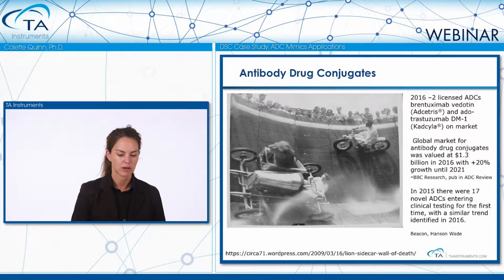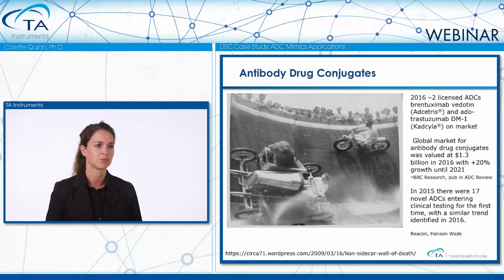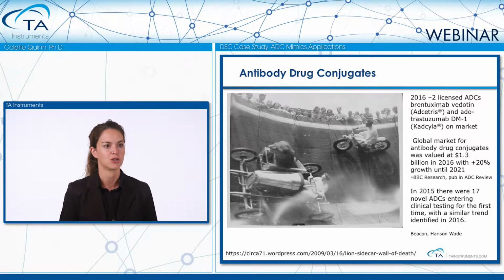And if we really look at what the global market for this is, well, the global market for antibody drug conjugates was valued at $1.3 billion in 2016, with a 20% growth expected until 2021. So definitely a growing market and a high demand for these types of specific and highly toxic drugs as well. We think about how they are doing before they enter the market.